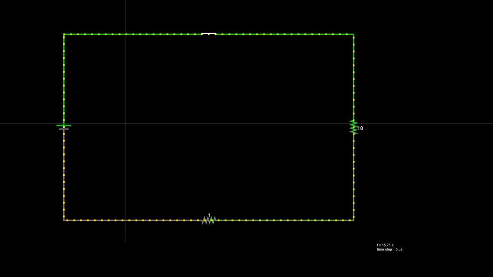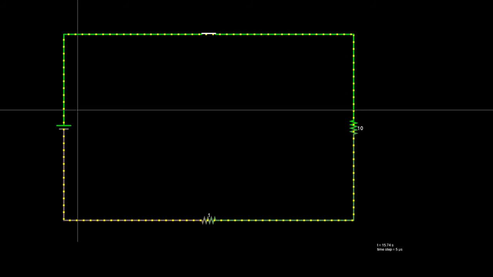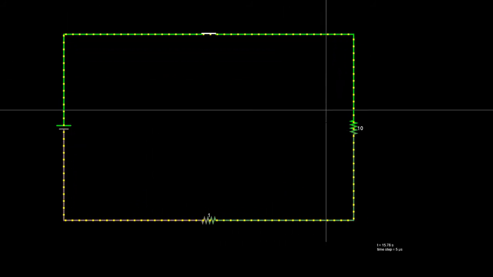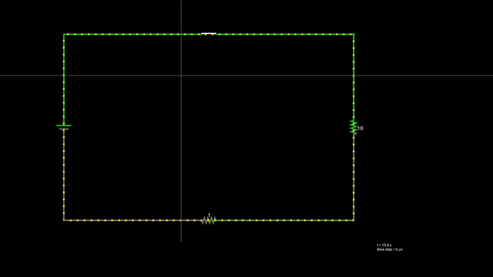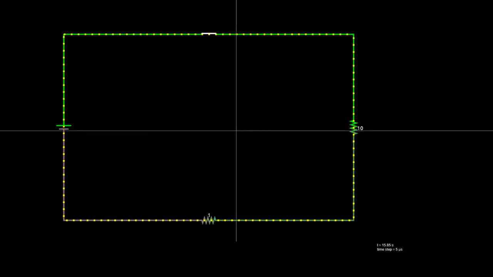So to reiterate everything we talked about, this is the symbol for a DC source we're going to be using. Okay, this is the direction of conventional current flow through the circuit. The circuit must be a closed loop in order for the current to flow. If we break the circuit and there is no closed loop, no current will flow.